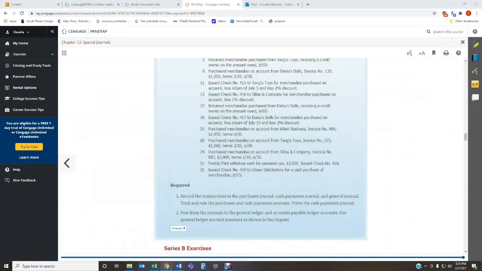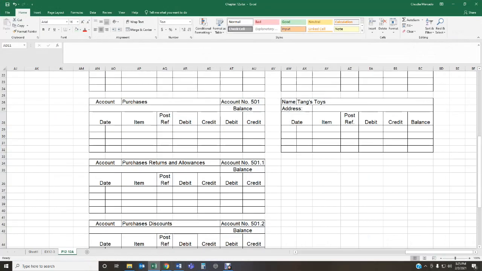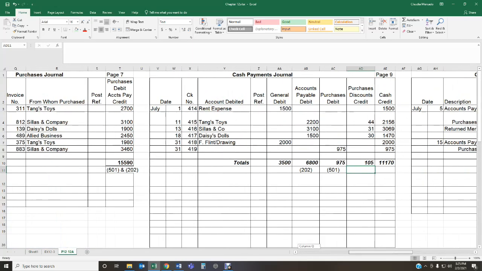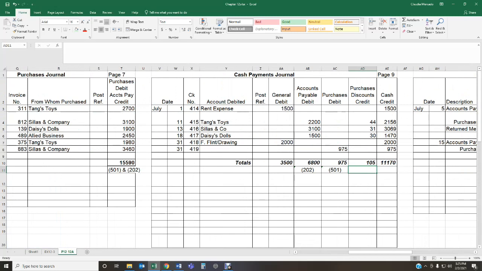So I'm going to go back, and then that's going to go under 501.2. So this is the account number where it's going to be posted on your ledger.